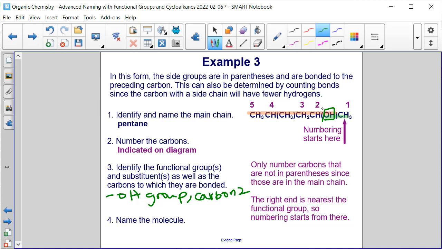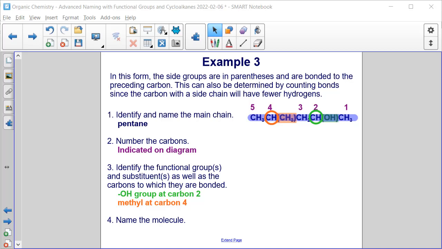So it's bonded to the preceding carbon, is what we were told in the setup for the problem. And then also I have a CH3 group, which is a methyl group, bonded to, again, the preceding carbon, so that's carbon 4. Okay, so an OH group on carbon 2 and a methyl group on carbon 4.